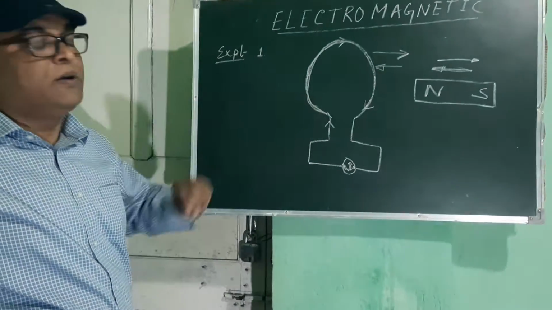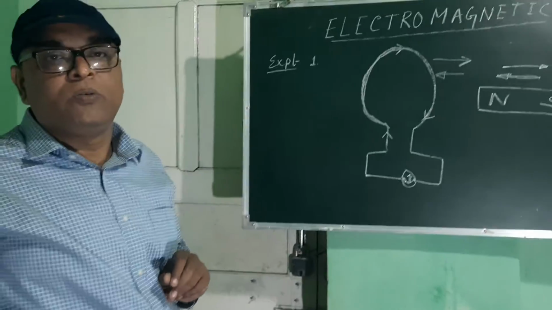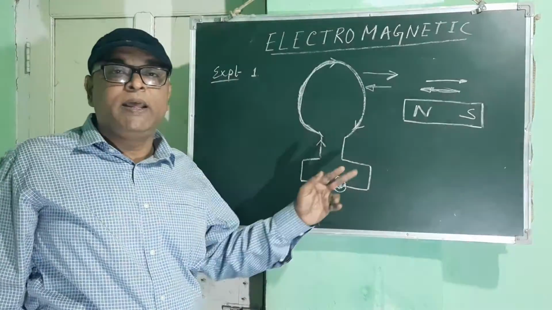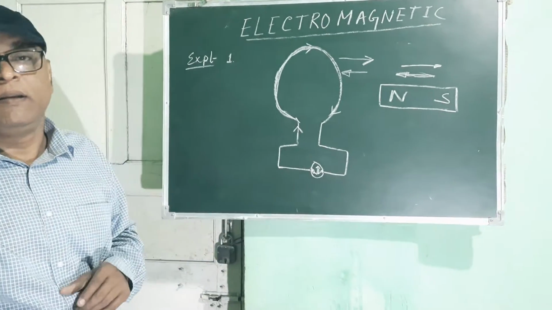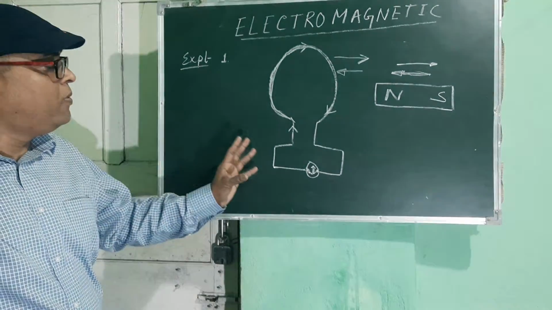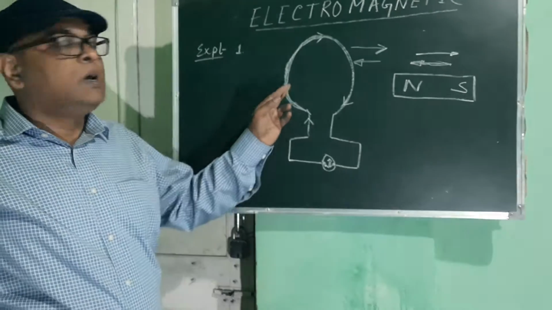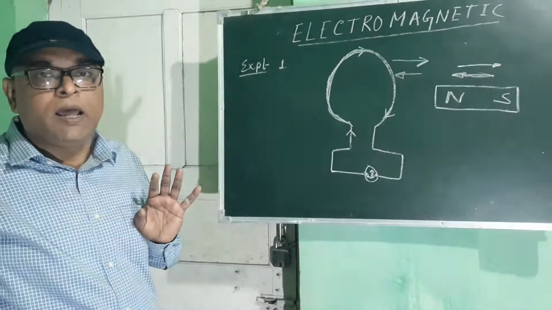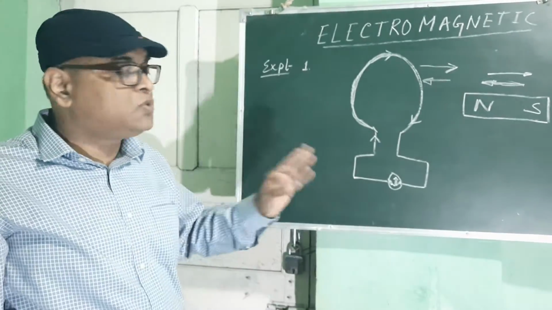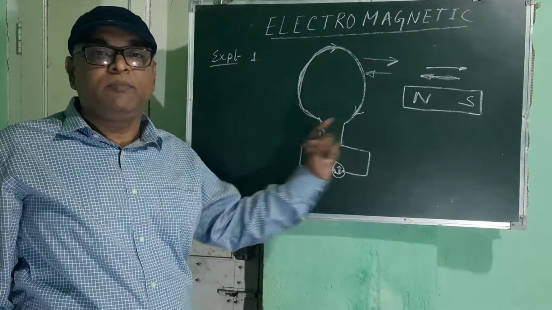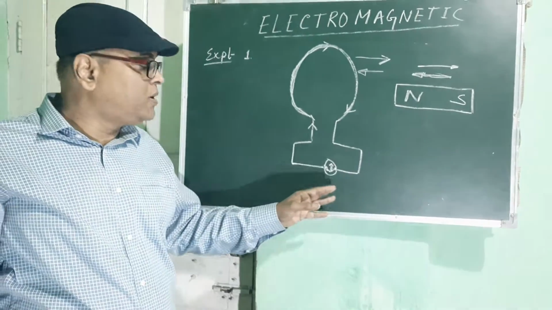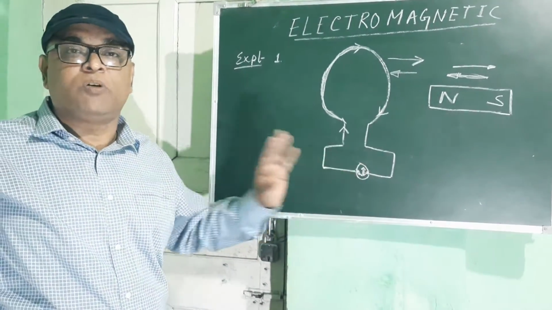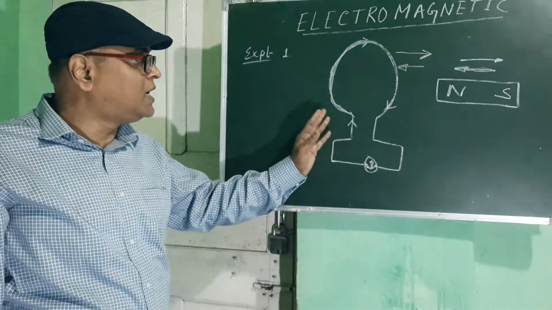From that experiment, we can conclude that if there is relative motion between magnet and coil, current will be produced along the loop of the coil. And as soon as there is no relative motion, there is no deflection and production of current stops. That means no charge is flowing.